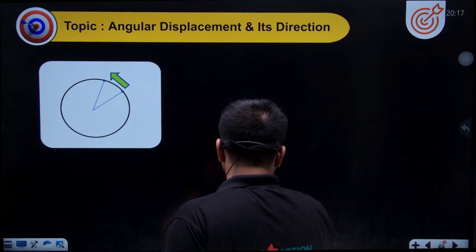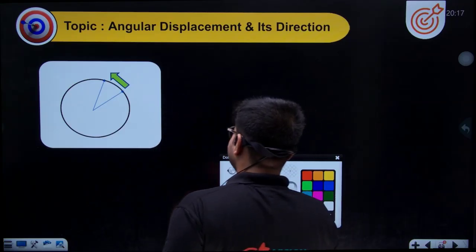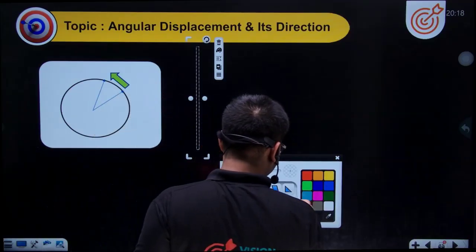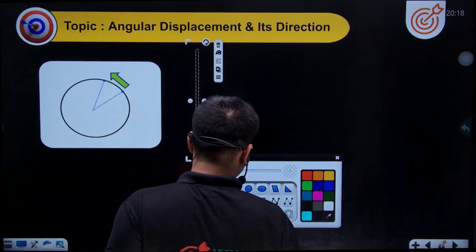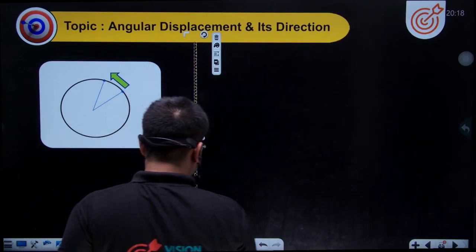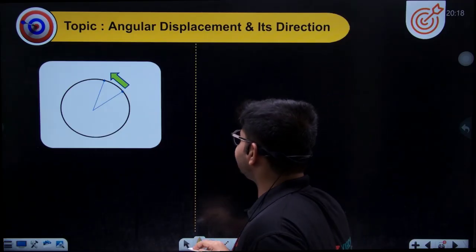Now when I am talking about circular motion, certain things I need to specify here. Say for example, you just look at this circle.